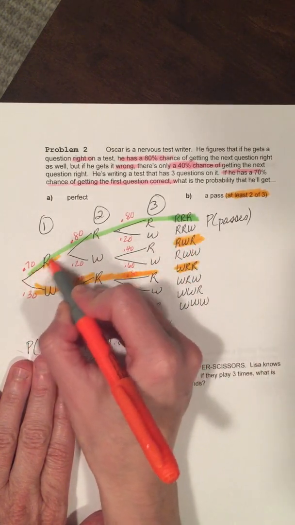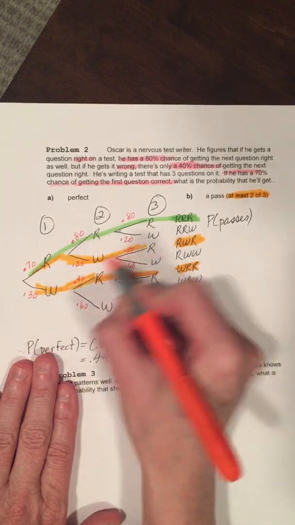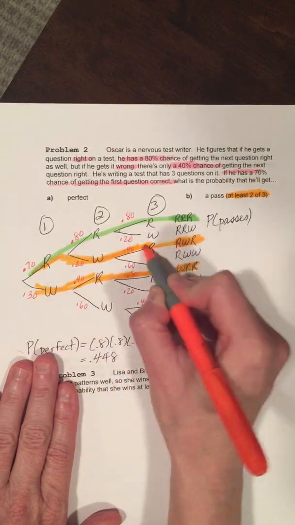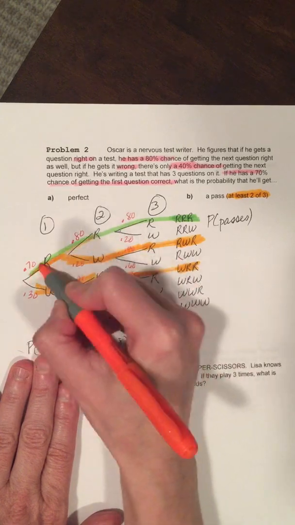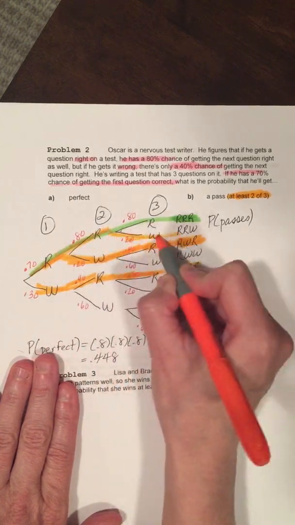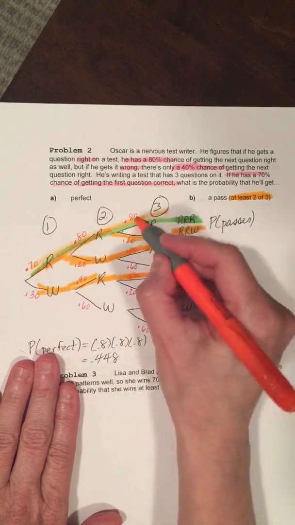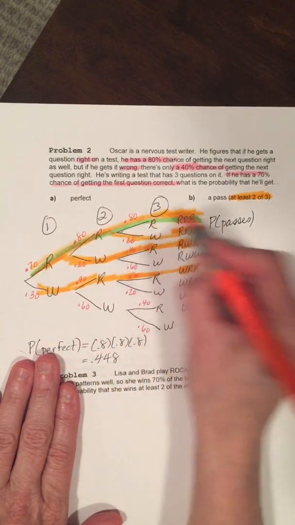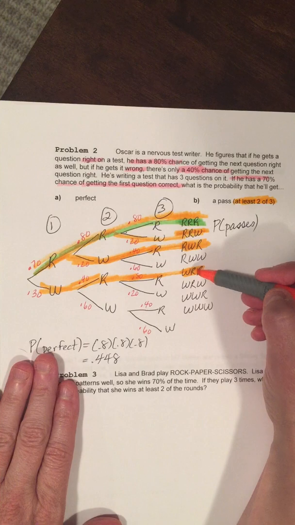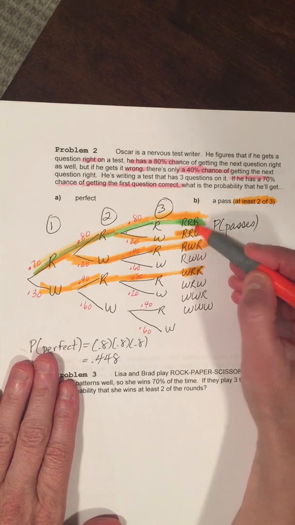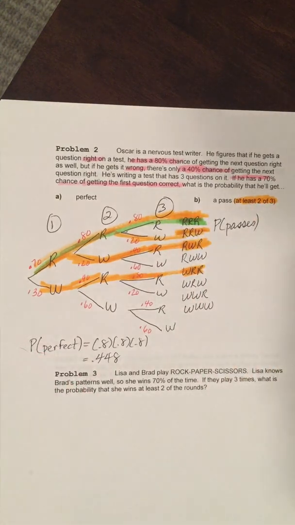Here's one. I'm looking for 2 rights. Here's one. And I'm looking for 3 rights. At least 2. So 2, 2, 2, and 3. Okay, so I've got a little bit of work ahead of me.